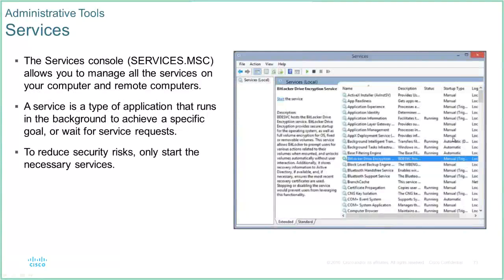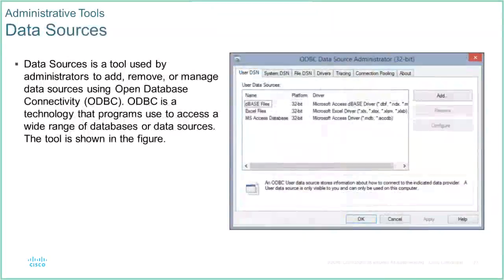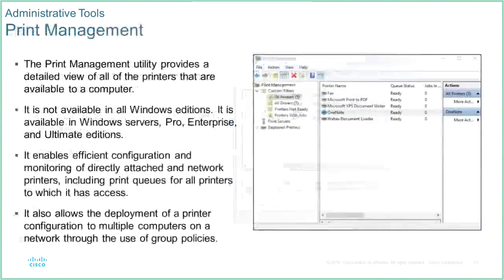Automatic will fire up whenever that service is called upon, and then turn itself off afterwards. The data source tool is basically all the different types of information that can be stored, what access they have, so you can control that information flow. Print management allows you to manage your printers.